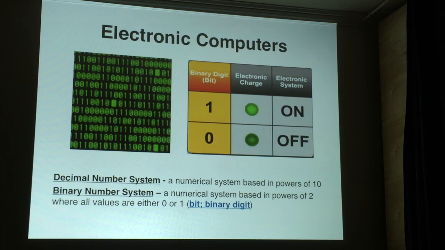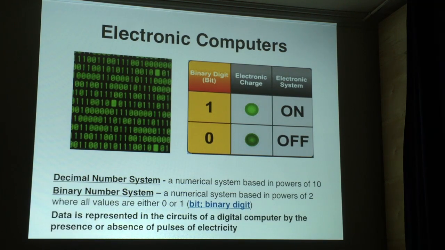And the reason for that is, if something is a 0, it can be an off switch. If something is 1, it can be an on switch, because electronic charges are either on or they're off. There's nothing in between. And so in this binary system, each individual binary value is called a bit, which stands for binary digit.